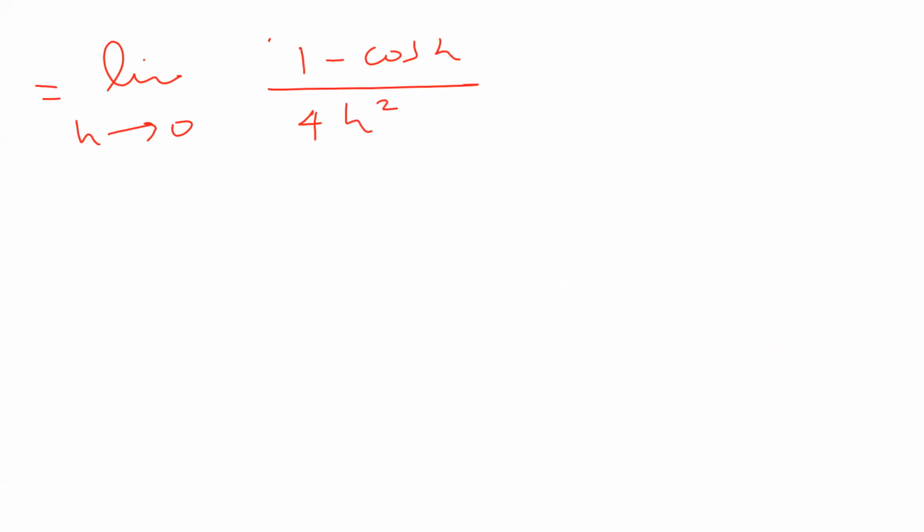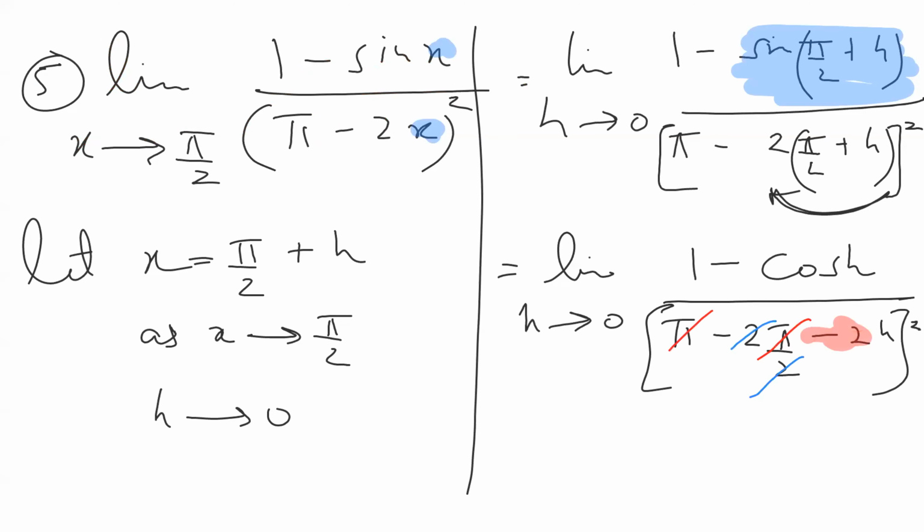So next slide, limit h approaching 0, 1 minus cos h upon 4h square, because minus 2 square is plus 4 and h will also have a square, that is h square, right?